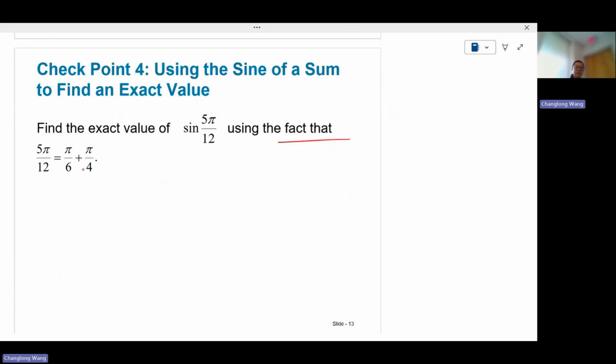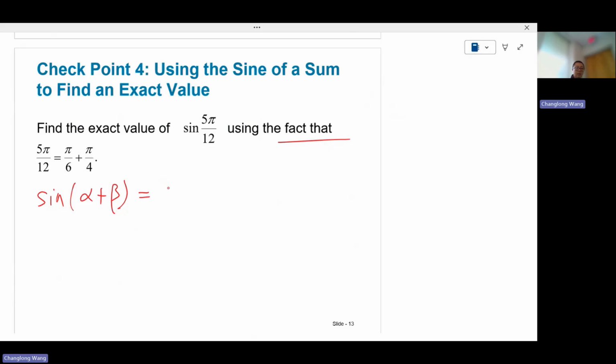But since they're literally telling you to think about the angle as the sum of 2 angles, you try to find the sine of the sum. So you'd better look at the sine of the sum of 2 angles, alpha and beta. Now quickly think about how you should write down the general form.